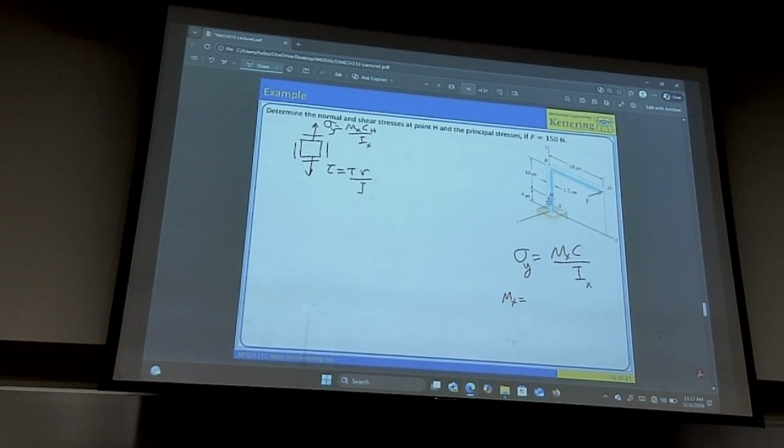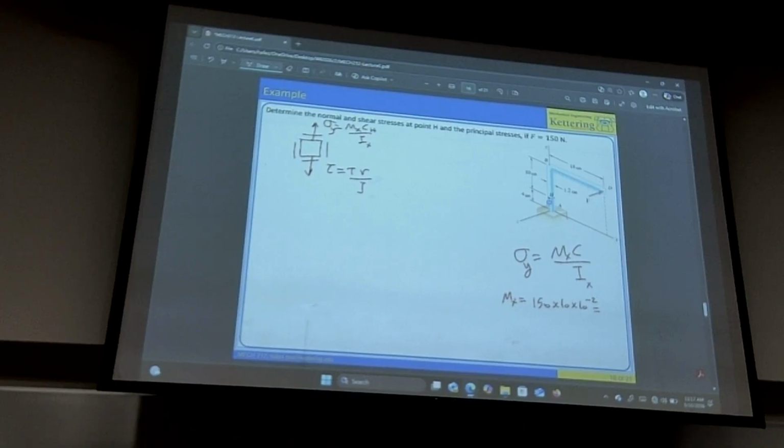The one that causes the component to bend, not to rotate. 10. 10. 150 times 10. All right, so this is 15.